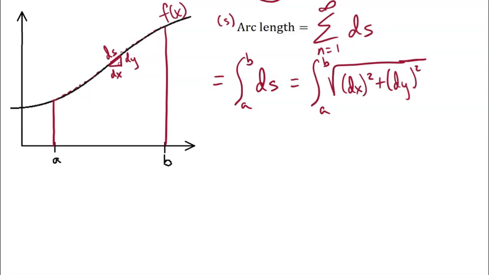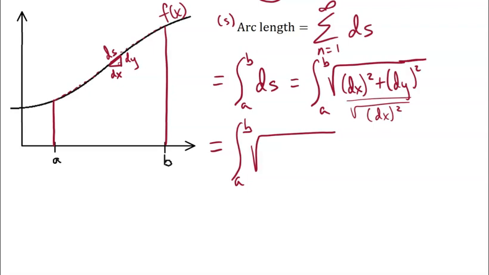That's still going to be under the radical, so I'm just going to draw another one down here. We're dividing everything by dx squared. Algebraically, just doing some manipulation, no calc yet, that becomes the square root of, and dx squared divided by dx squared is just a 1, and then here I have dy squared over dx squared.